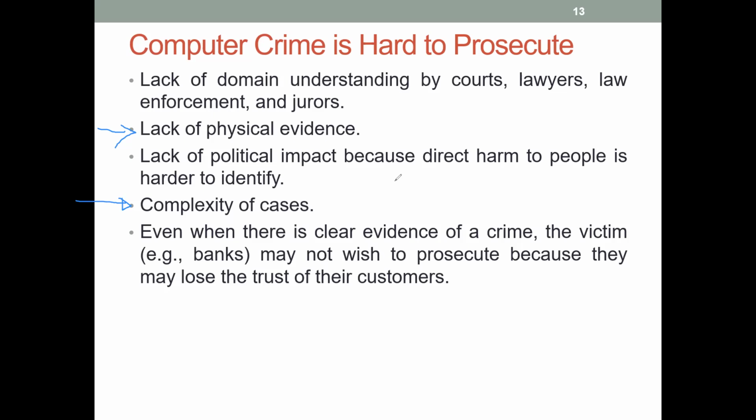Because of those reasons, organizations are not likely to share the attacks or criminal acts that happen to them. That's why we are saying it's very difficult to file a case and prosecute if something happens as a computer crime.